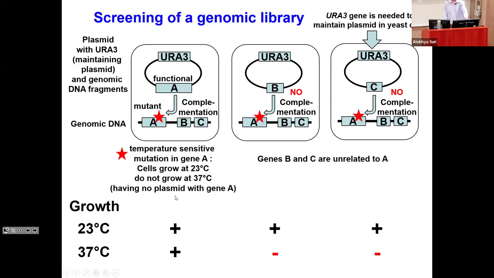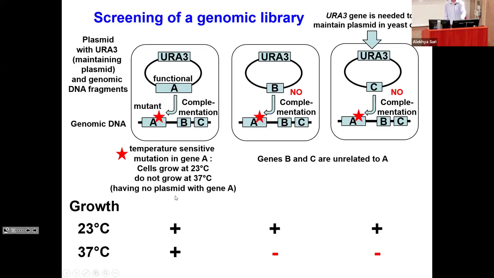So a genomic DNA library is a collection of different plasmids containing different DNA fragments. So in the left cell, you see here gene A is in the plasmid. But in this case, it's a functional gene A. And when you look here, these cells with the gene A can grow at high temperature.